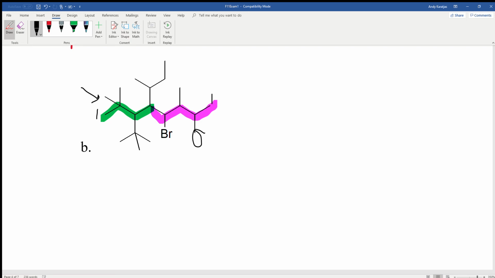So we now have to go to the second substituent to distinguish between these two possibilities. Coming from the right, our second substituent is on carbon 3. But coming from the left, our second substituent is also on carbon 2. And so that means we need to start this chain numbering from the left.